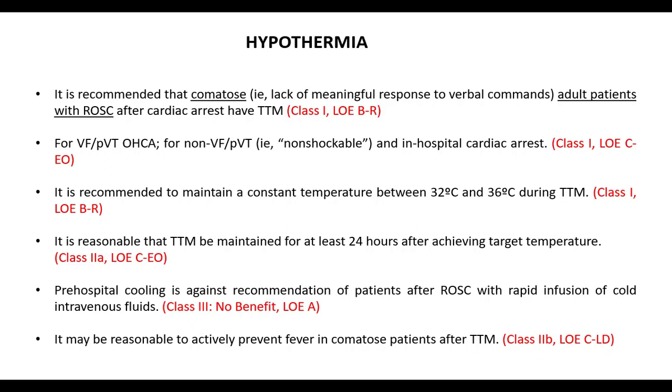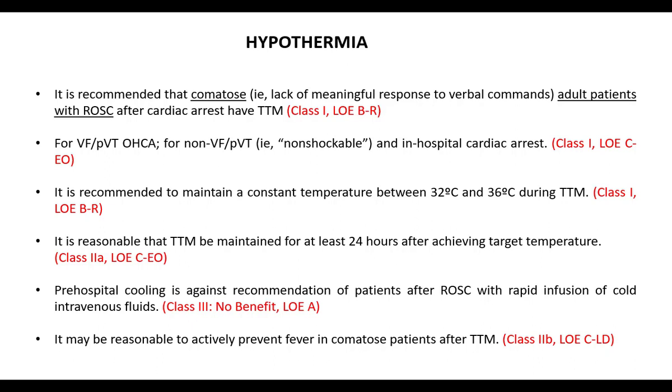There is again a lot of debate, 24 hours, 48 hours or 72 hours, but at present the recommendation is that 24 hours has to be the time period for which the TTM has to be given. Then pre-hospital cooling: for a patient who has developed a cardiac arrest outside the hospital, do you want to start cooling from there only? No, it is not recommended. They say once the patient reaches the hospital, thereafter you should think of cooling the patient.